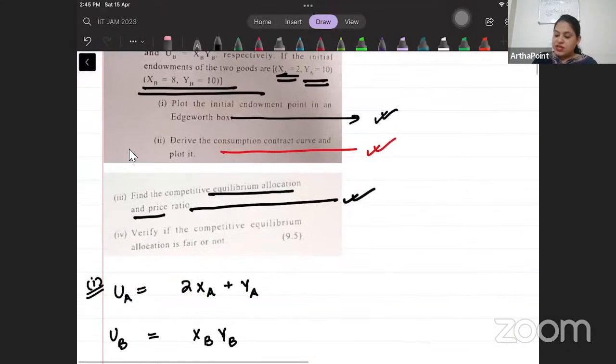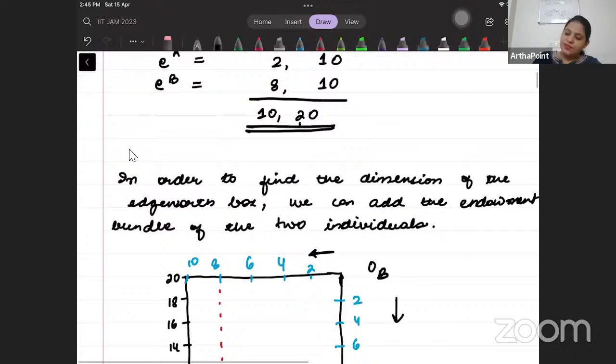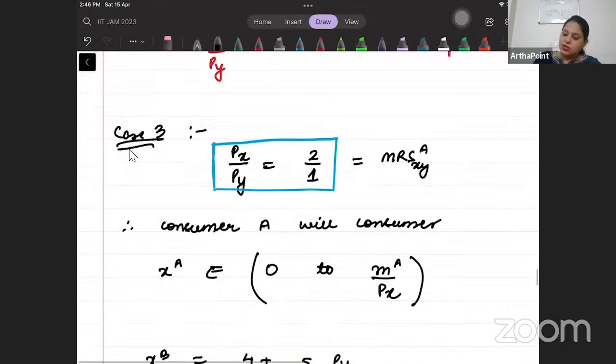Okay, last one. It says verify if the competitive equilibrium is a fair allocation or not. Okay, let's write down the answer to that. So please write down.